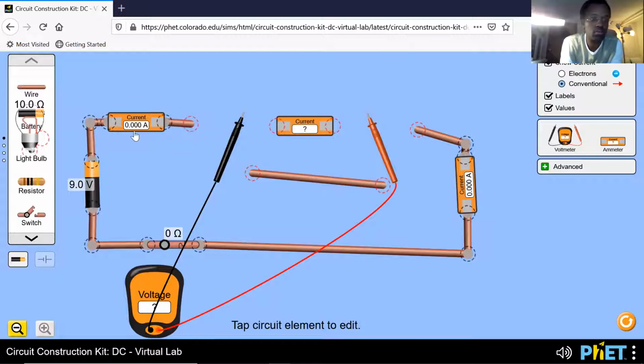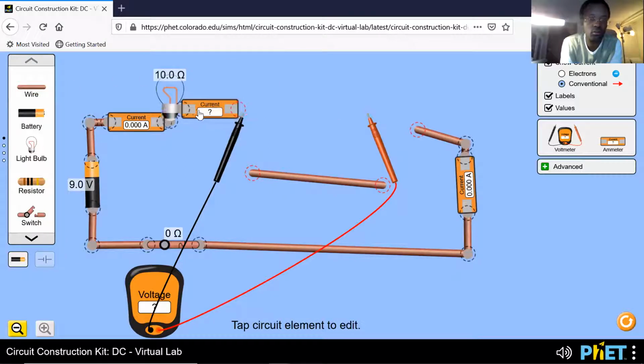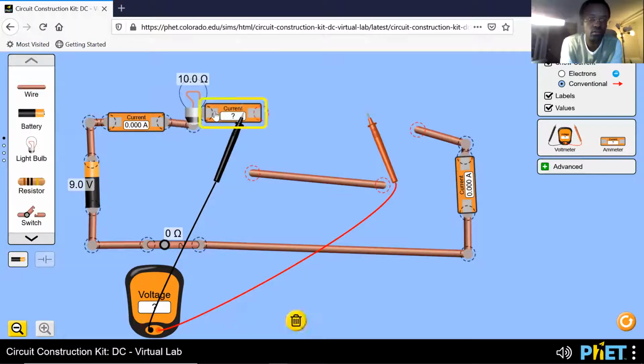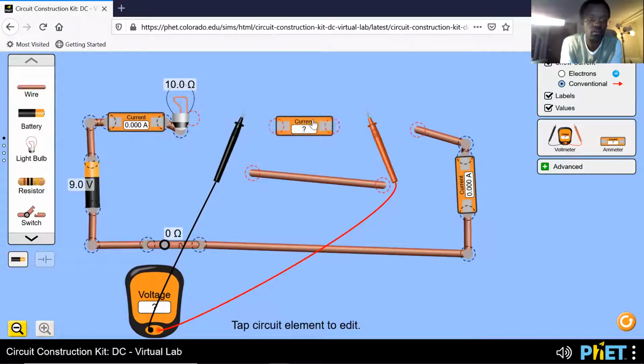And then the light bulb. Sorry about this. Now it's connected well.